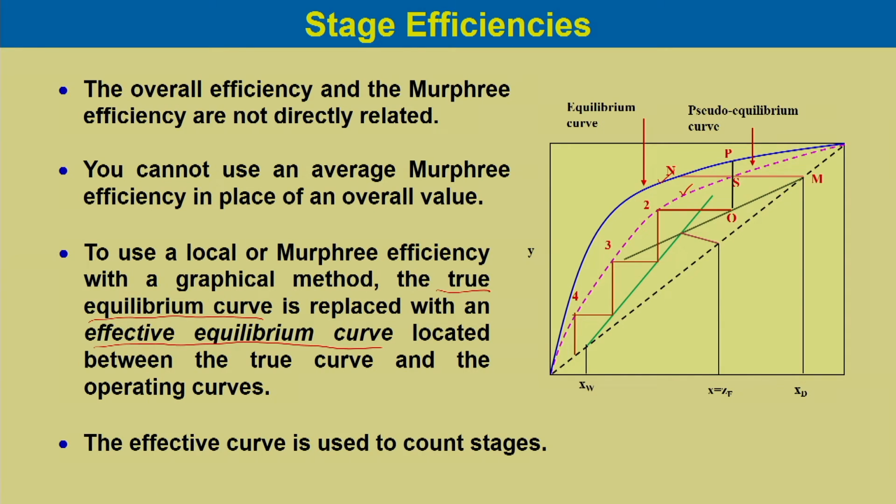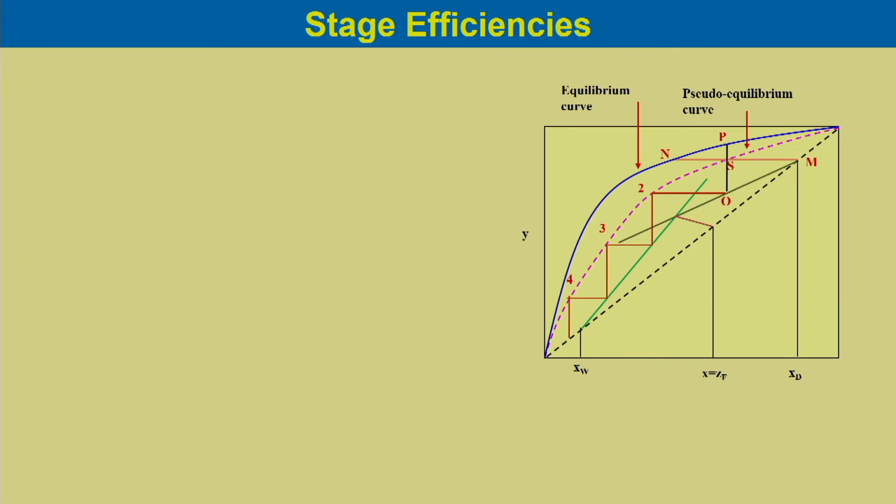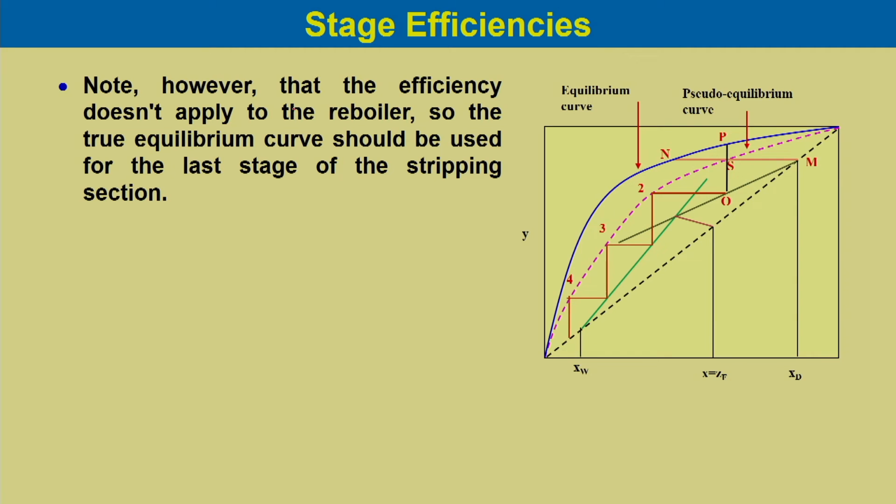The effective curve is used to count the stages. Note that the efficiency does not apply to the reboiler. So, the true equilibrium curve should be used for the last stage of the stripping section. It does not include the reboiler as an equilibrium stage in this calculation for the stage efficiency.